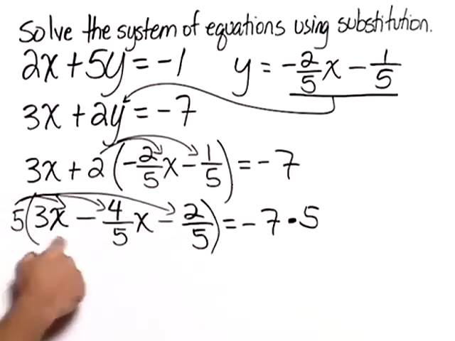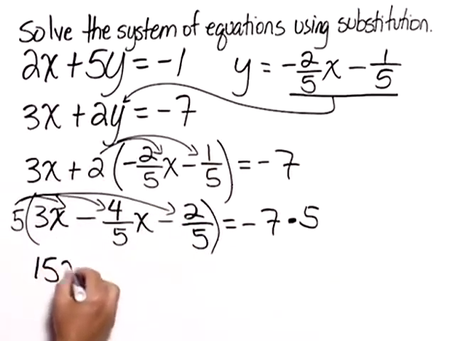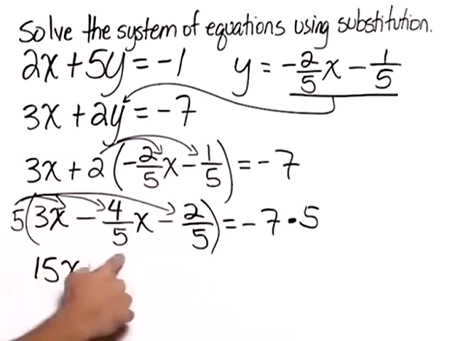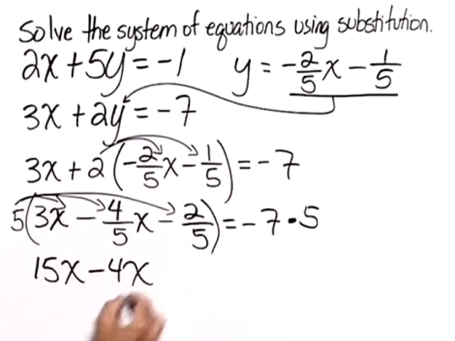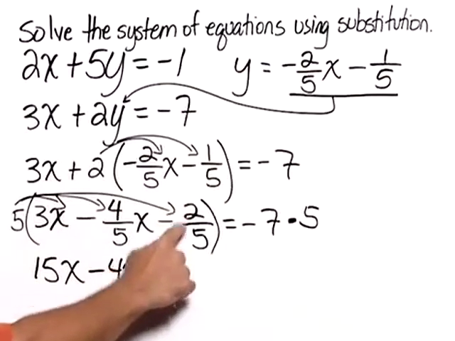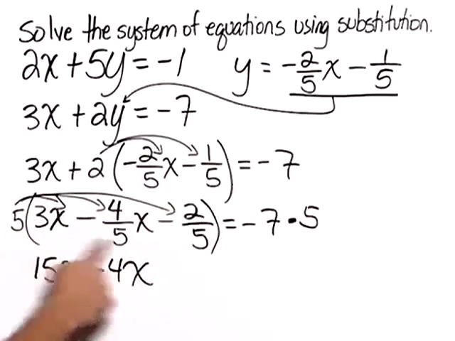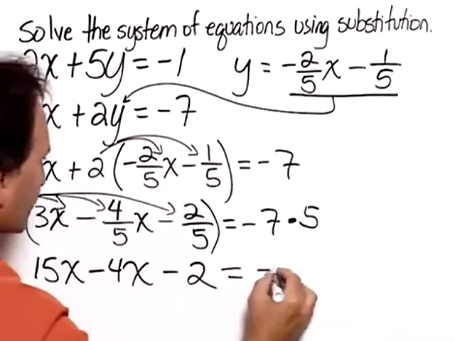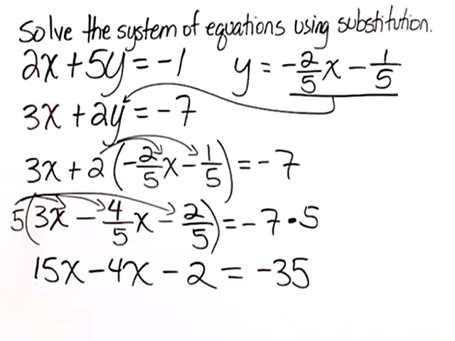So 5 times 3x is 15x. 5 times -4/5, the 5's will cancel out and we'll have -4x. 5 times -2/5, the 5's will cancel out, leaving us with -2. And on the right-hand side, -7 times a +5 is -35.